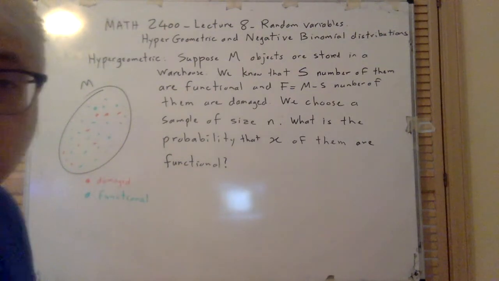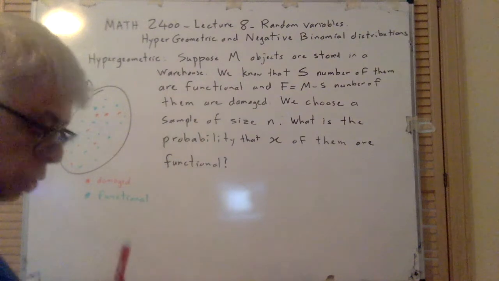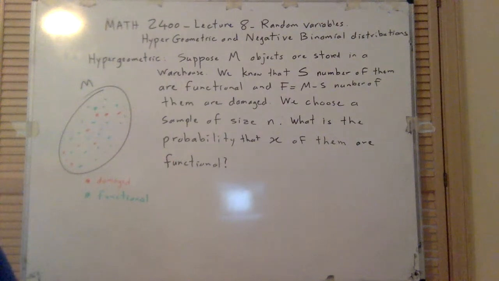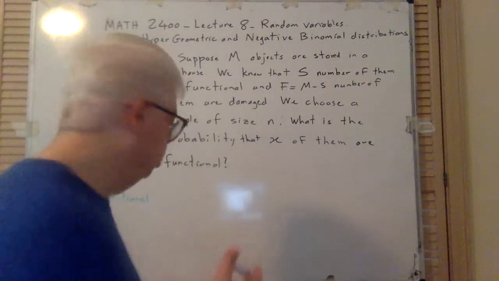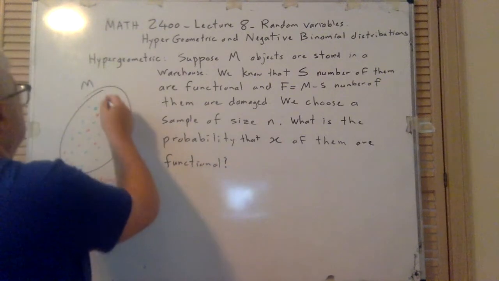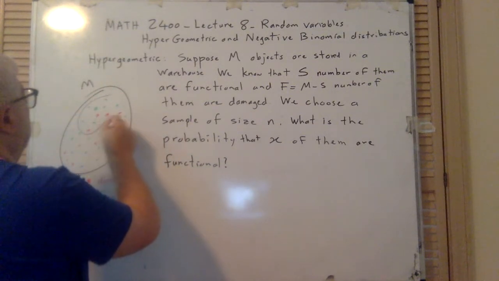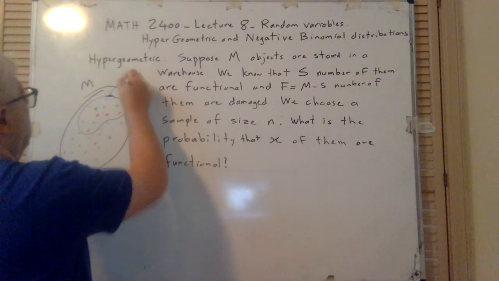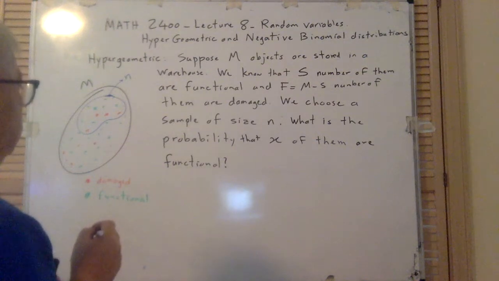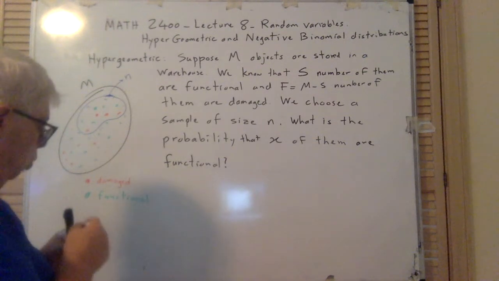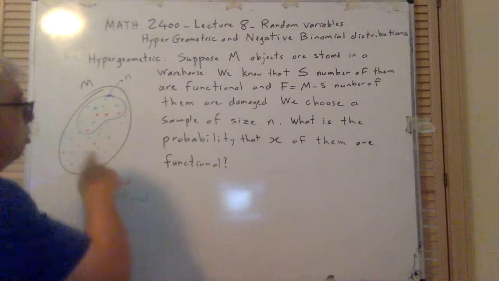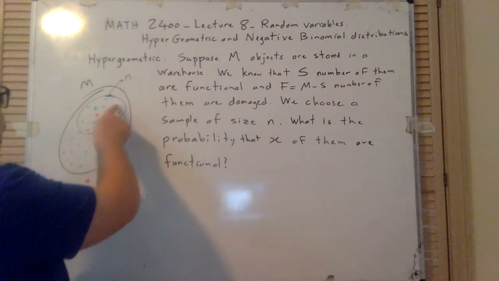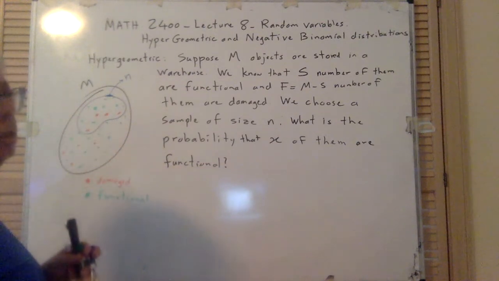I'm not sure if you can see that. And we choose a sample of size n. So my sample is n. And I ask this question: what is the probability that x number of them are functional? And you can see in this n, for example, 1, 2, 3, 4, 5, 6, 7, 8 are functional.